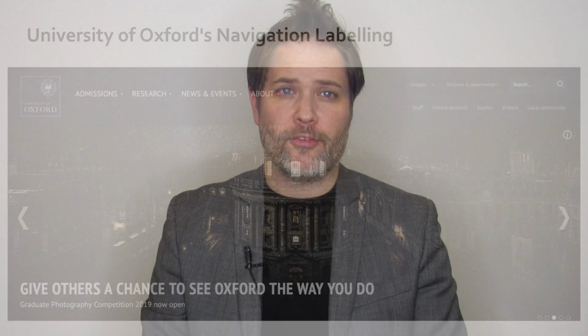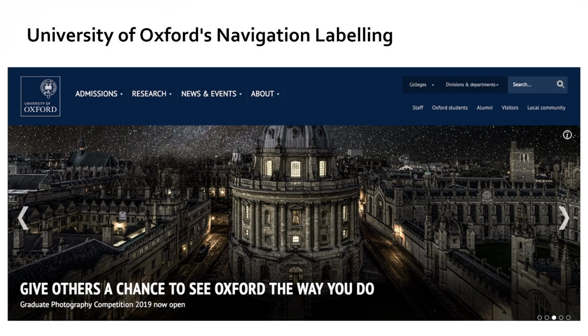Do the labels that are present here give you a clear indication of what's behind them? I'd like you to visit the University of Oxford's website and take a look from a critical standpoint at these navigation labels and give me a breakdown of which ones don't hit the mark as an exercise following this module.